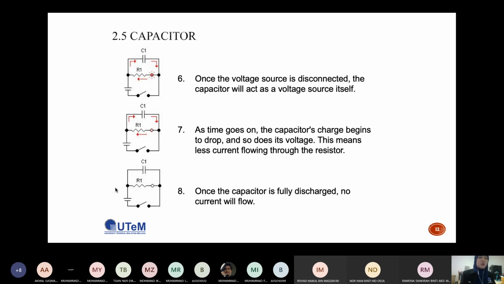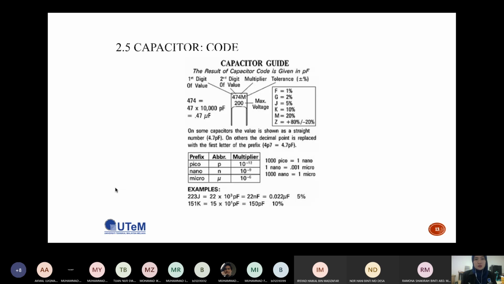To determine the value of a capacitor, similar to a resistor, you have something like this. For example, this is your capacitor. The value shown here is 474 M. The 200 here is basically the maximum voltage. The first digit is the value, the second digit is the value, the third digit is the multiplier, and the last one is the tolerance.